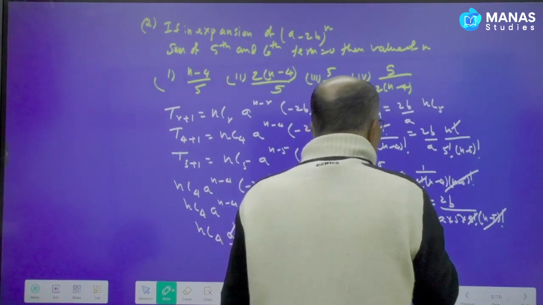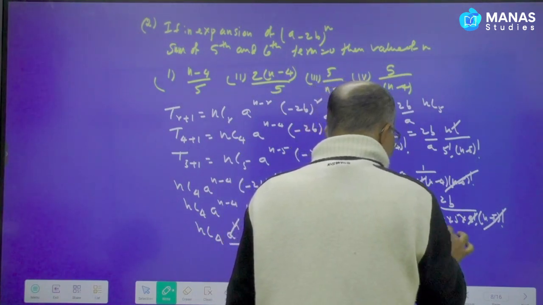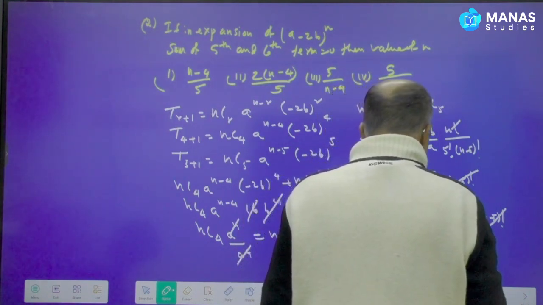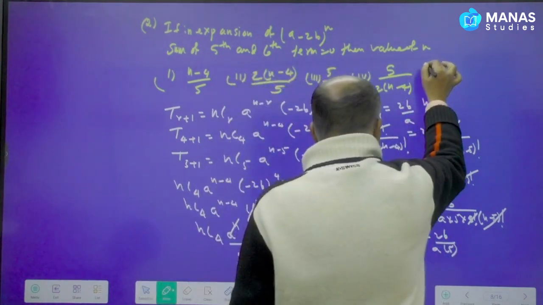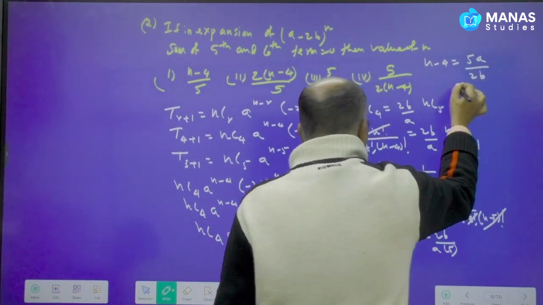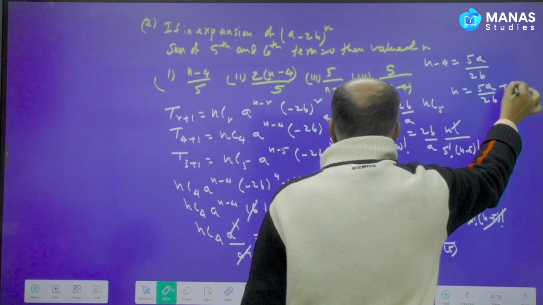So we get 1/(n−4) = 2b/(a·5). So taking reciprocal on both sides, we get n − 4 = 5a/2b, or n = 5a/2b + 4.